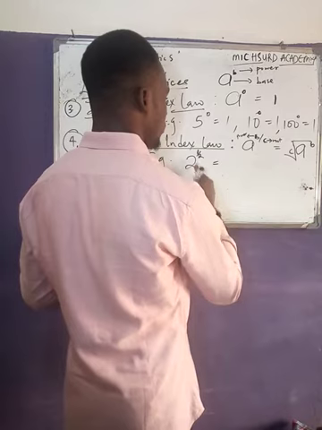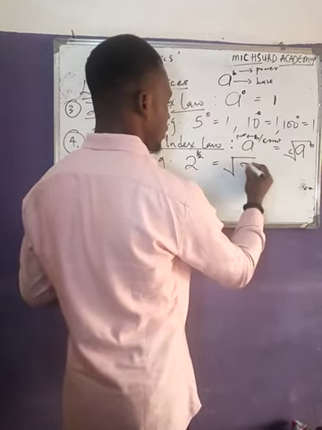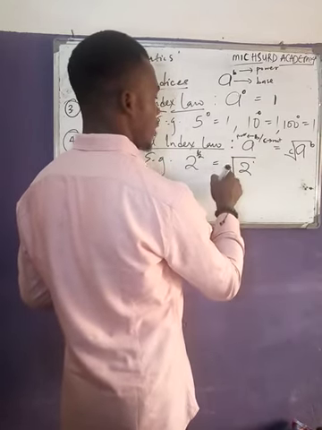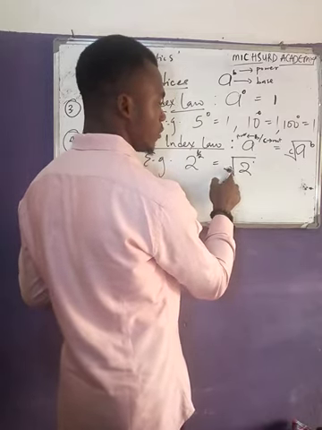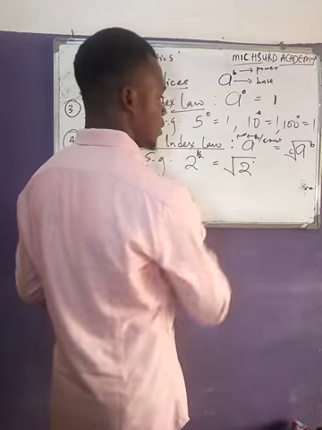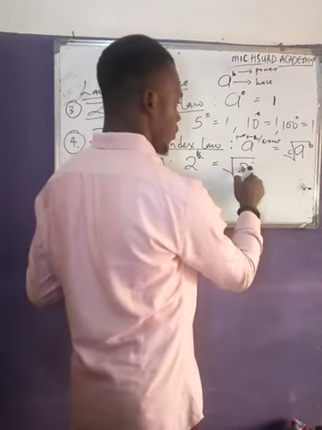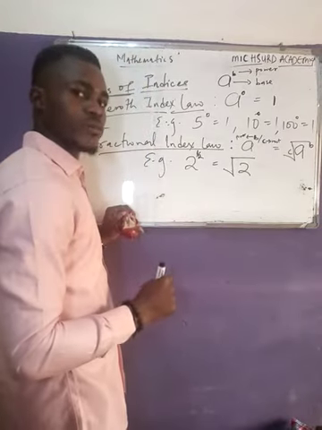This will be equal to 2 is the square root, then the base is here, and I have my power 1 here. Now in writing square roots, we don't put the 2 inside. That's why you are not seeing any number there. But what it means is the square root of 2.